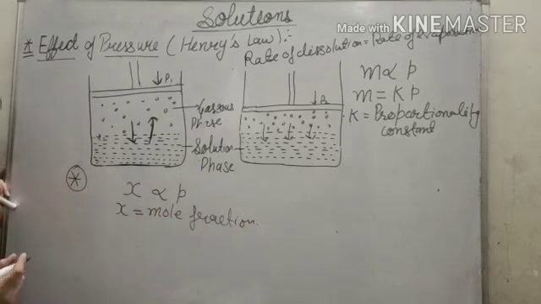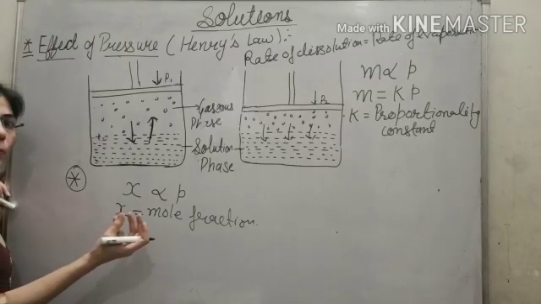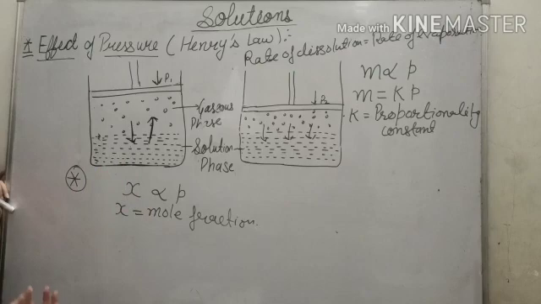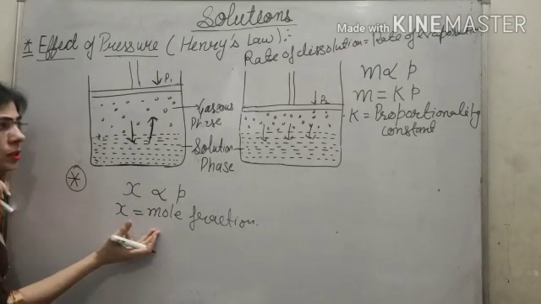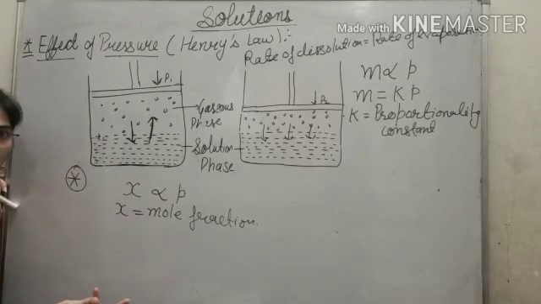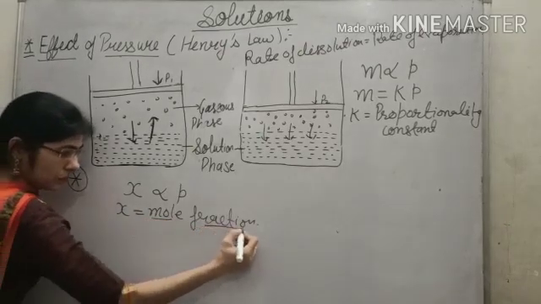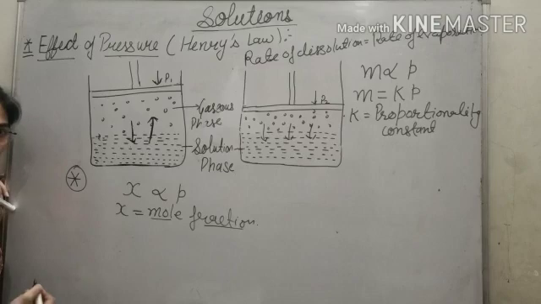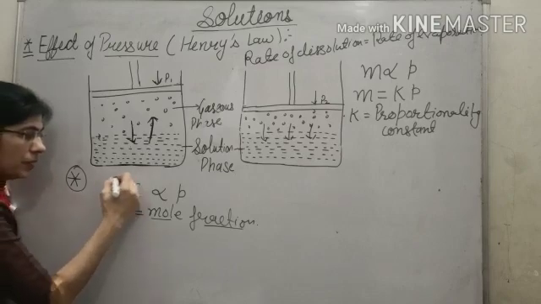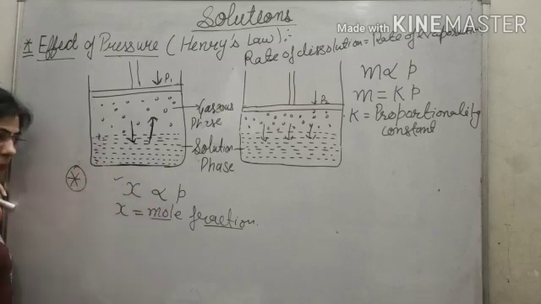Mole fraction is a concentration term which is the ratio of the number of moles of one component to the total number of moles present in the solution. So it is a very easy method to determine the solubility of a gas in a liquid. So mole fraction is used to measure the solubility, and in terms of mole fraction, X is directly proportional to P.